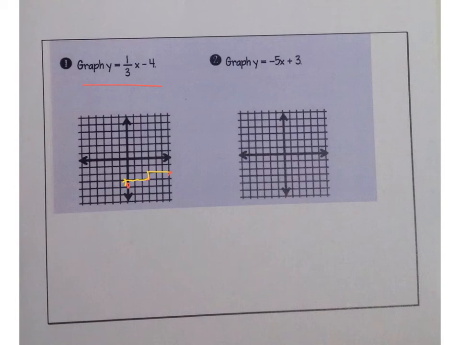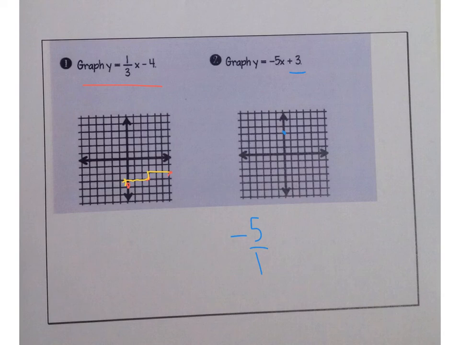This one on the right, it's again, we already have it in y-intercept form. Remember, you've got to put it in that slope-intercept form. So here, my first point I'm going to plot when x is 0, y is 3. And now it's a slope of negative 5, which means negative 5 over 1.